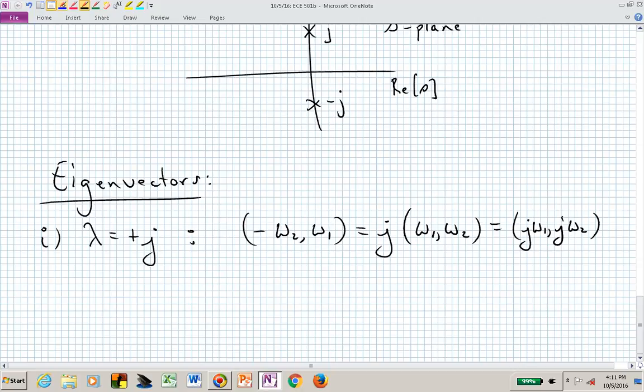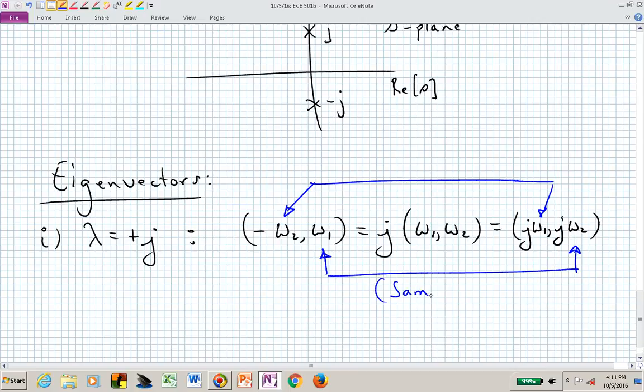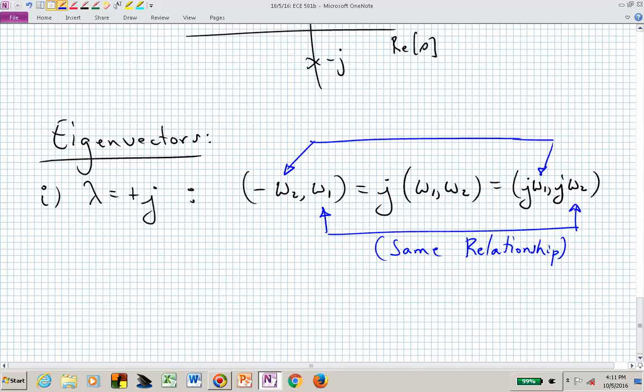And if you look at each of these coordinates, maybe you have to do some multiplication by j's, but you'll see that those two coordinates give you a consistent relationship. It's the same relationship in the first coordinate as in the second coordinate.